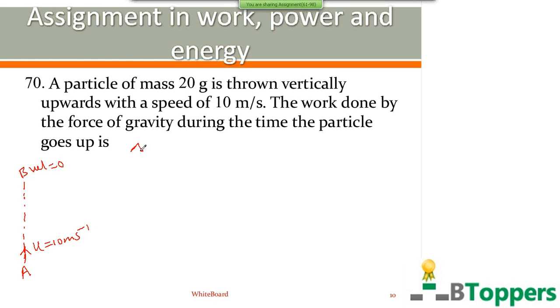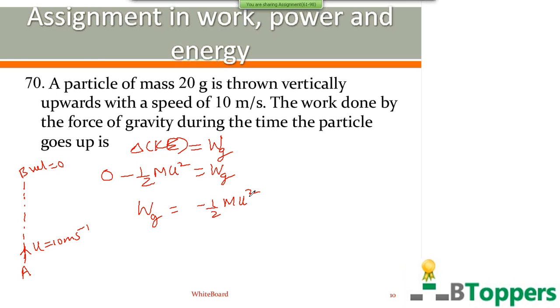So change in the kinetic energy of the particle is equal to work done by the external force on the particle. Only force is gravitational force. Change in kinetic energy is equal to final kinetic energy at the highest position minus initial kinetic energy at the point of projection. So work done by the gravitational force when the particle reaches the highest position during the time of ascent, when it moves upwards, is minus half mu square.